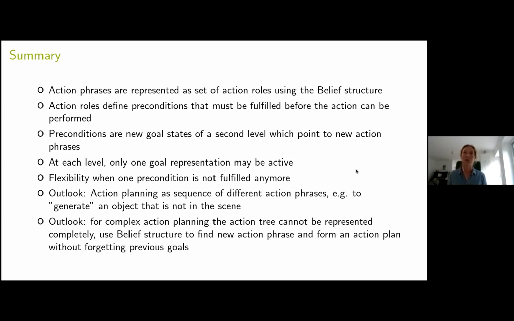But important is that for finding a new action phrase that generates, in our example, the red figure, we need to forget our previous action plan so that we can use the belief structure to find a different action phrase. So we need to have some kind of a working memory so that we do not forget our previous goals. And this is the state of the project we are working on right now.